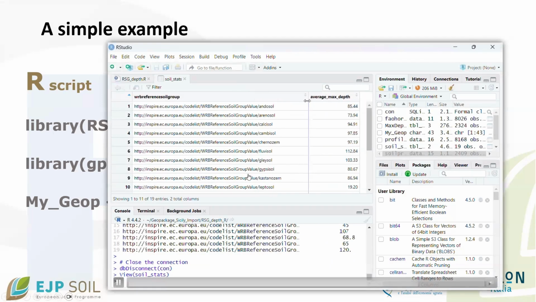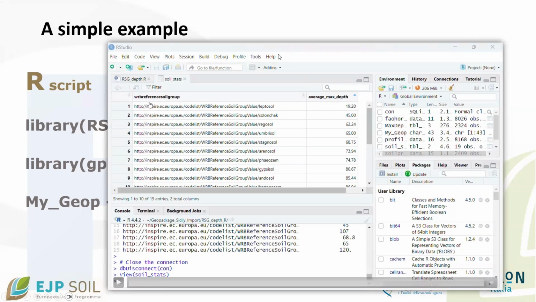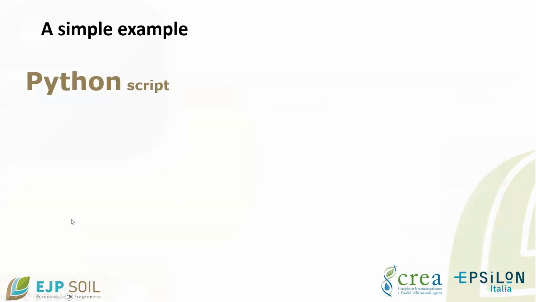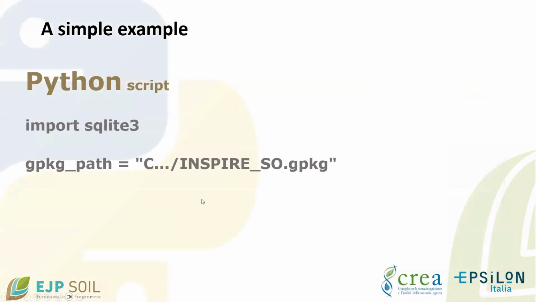And now you can see in the upper part of the video that we have our results, the average maximum depth by WRB reference soil group. Also, these can clearly be exported.